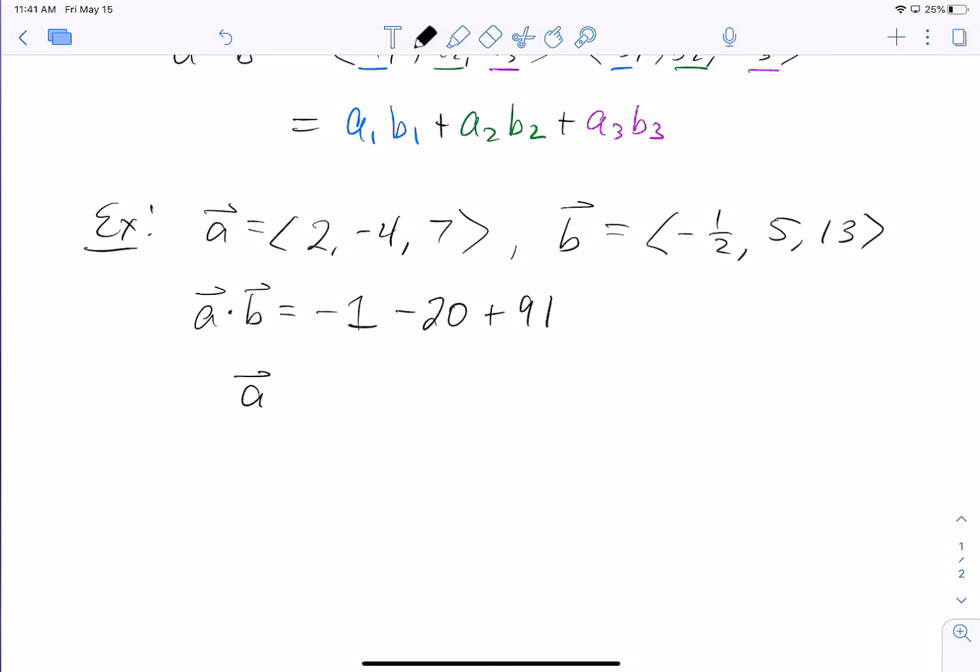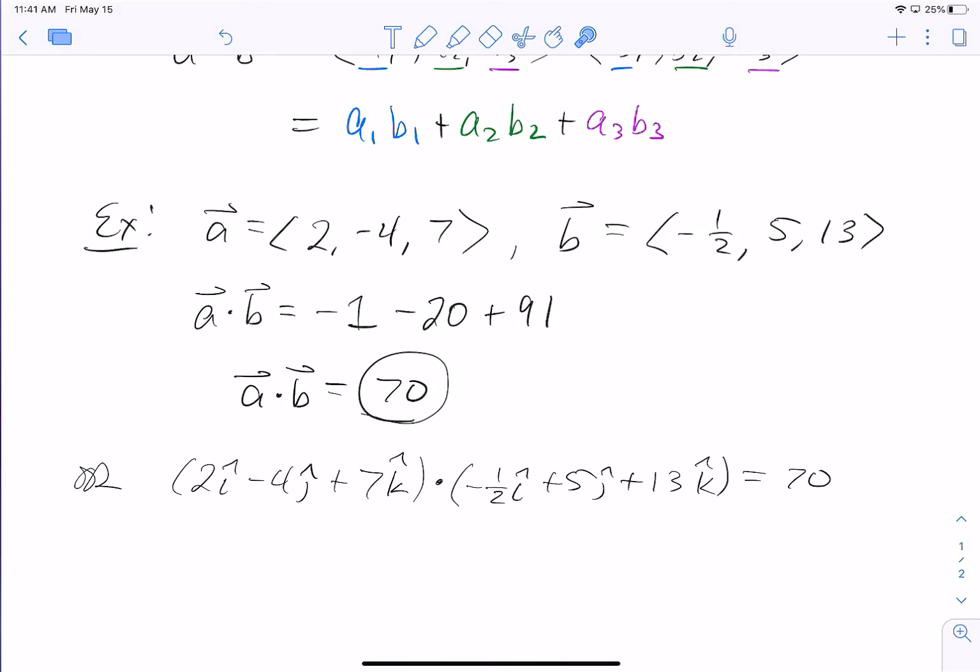So the result is that a dot b is 70. And we would get the same result, again, if we used IJK notation.